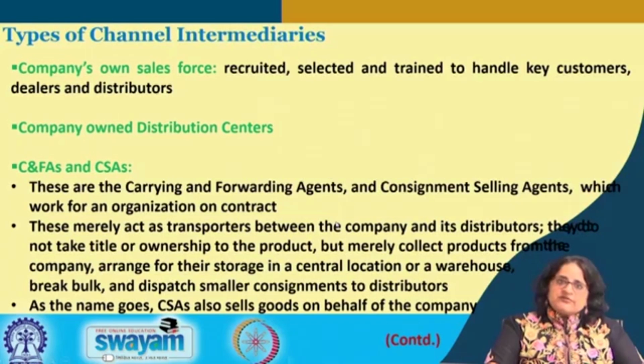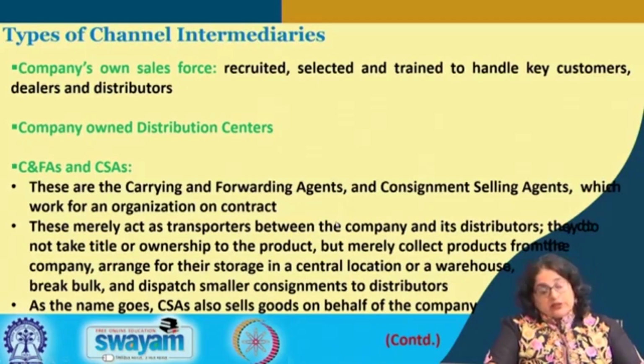Now both the CFAs and the CSAs act as transporters between the company and its distributors. They do not take title to the product, they do not take ownership of the product, but they merely collect products from the company, and they arrange for storage and transportation. In case of storage, they arrange for a central location or a warehouse.